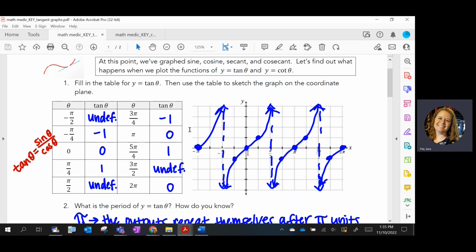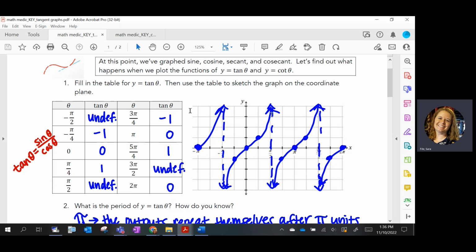So you can see if I go to plot these, I've got the vertical asymptotes wherever tangent is undefined, which is anywhere along the y-axis for the unit circle. So up at pi halves and at 3 pi halves, negative pi halves if you go in the negative direction.